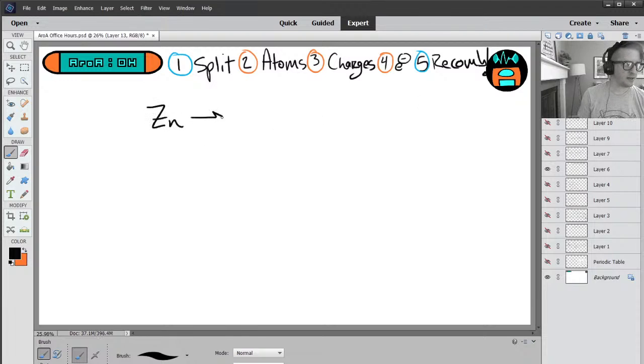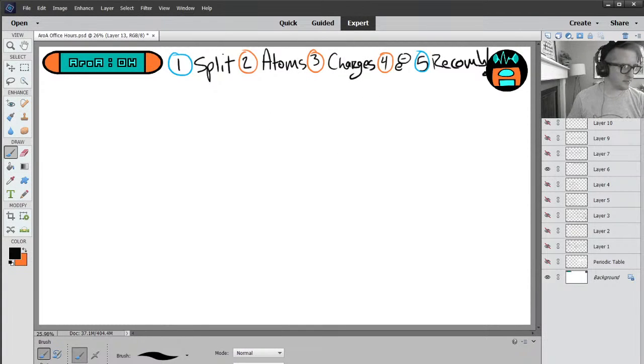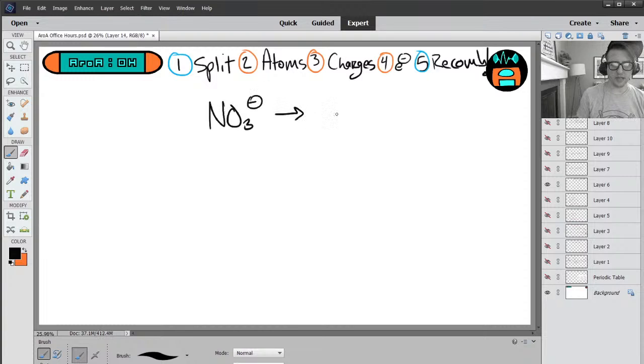So we got zinc becoming this zinc hydroxide. All right. Actually, I want to do the other half reaction first. We'll start with the nitrogen half reaction. The NO3 nitrate becoming ammonia.